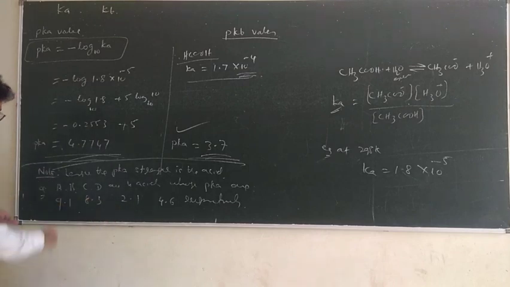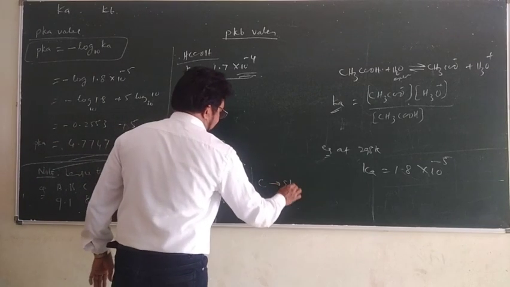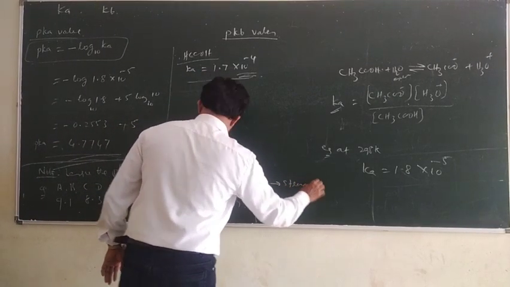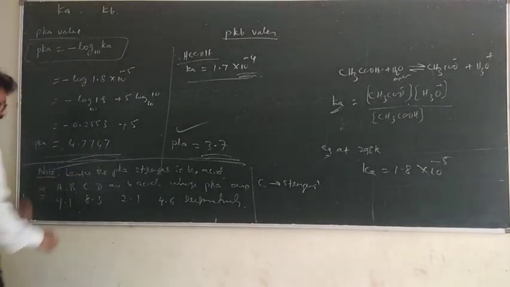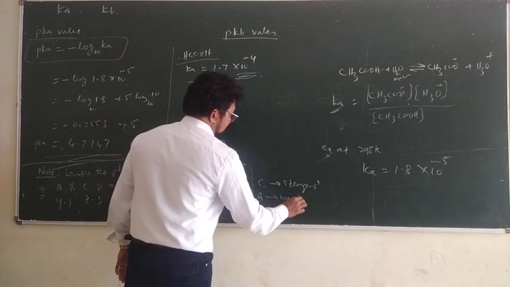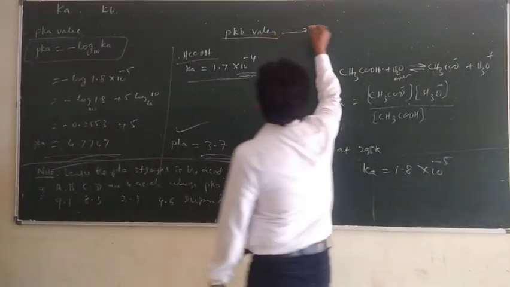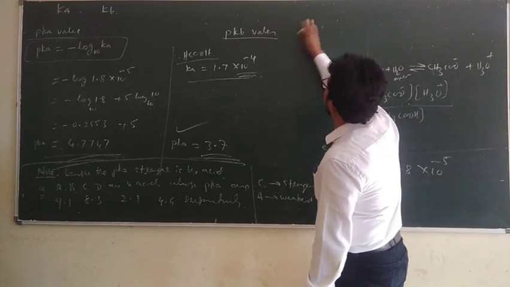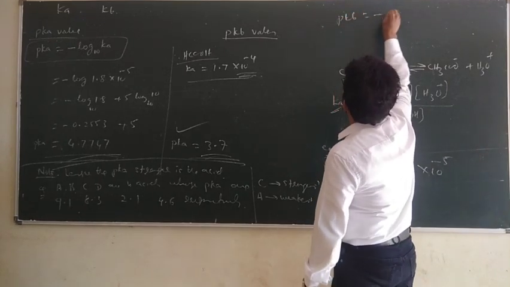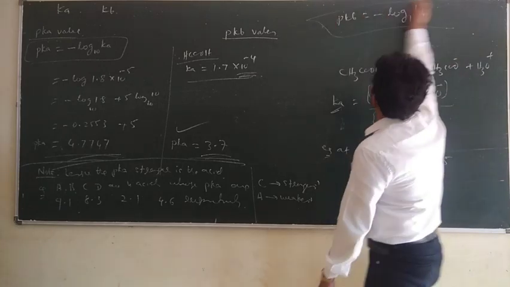C is the strongest because it is 2.1. A is the weakest with 9.1. Is it okay? Then similarly pKb values. pKb is the negative logarithm of Kb, the dissociation constant of a base.